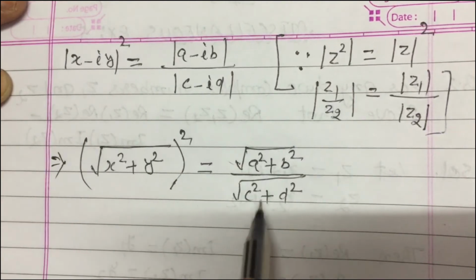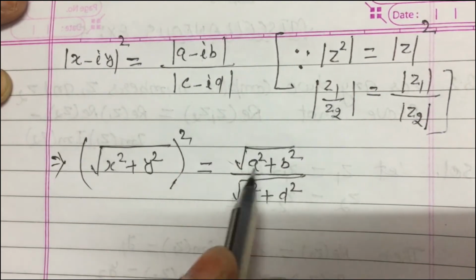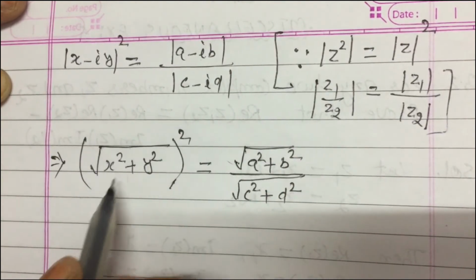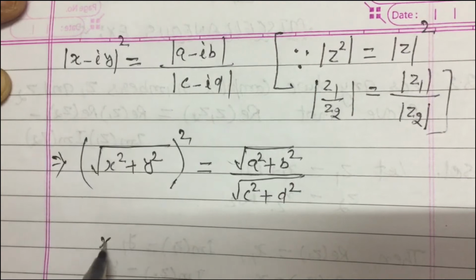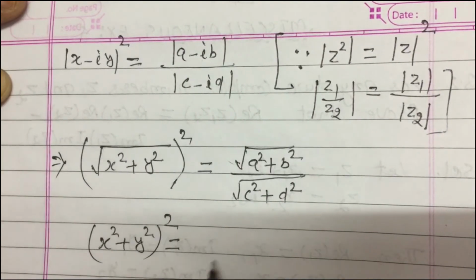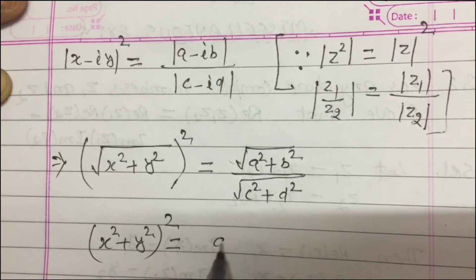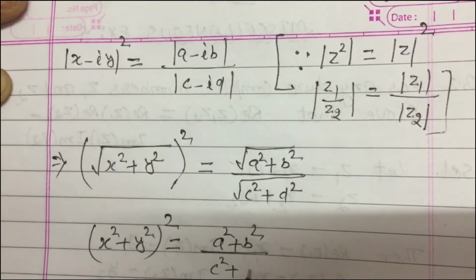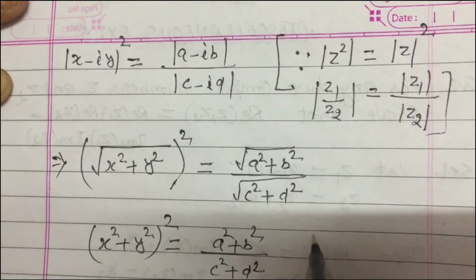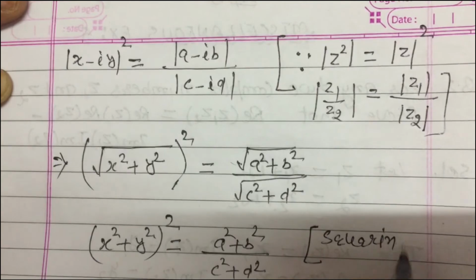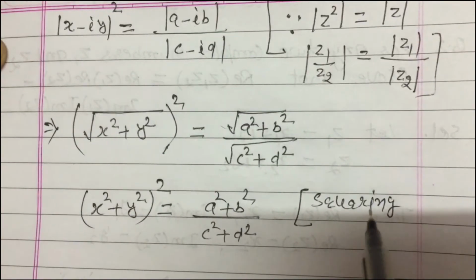Now again you can take square on both sides, so you will get x square plus y square whole square is equal to a square plus b square by c square plus d square. Here you can write squaring on both sides.